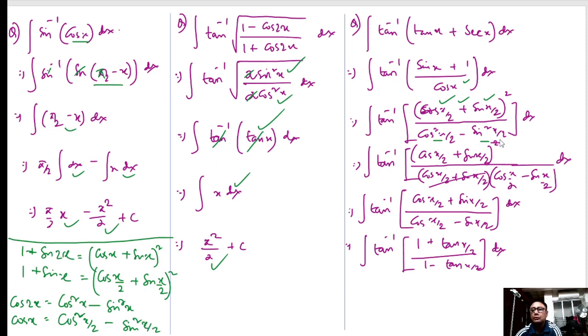So it is a square minus b square, which is a plus b into a minus b. So this power is twice, 1 cuts. So this remains. Now I am dividing by cos x by 2 everybody. So this becomes 1, this becomes tan x, this becomes 1, this becomes tan x. Clear?